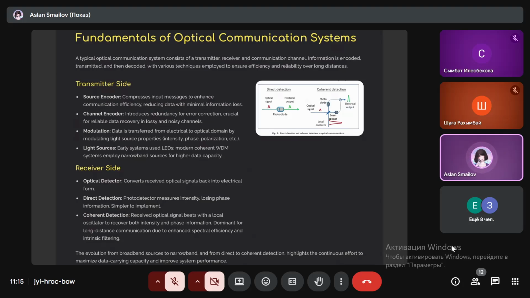Okay, this is the evolution from broadband source to narrowband and from direct to coherent detection, and it highlights the continuous effort to maximize data carrying capacity and improve system performance. This all helps to create the future internet, in simple words.